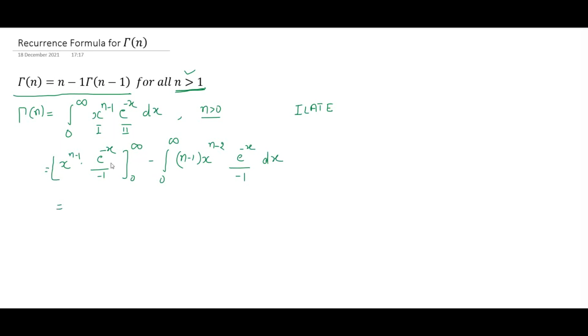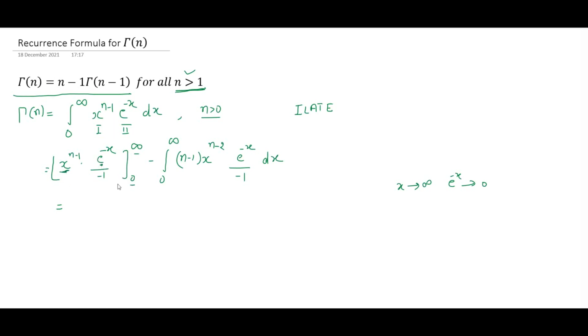When x goes to infinity, e raised to power minus x tends to 0, so the expression is 0. And when you put x equal to 0, the presence of x raised to power n minus 1 will make it 0.